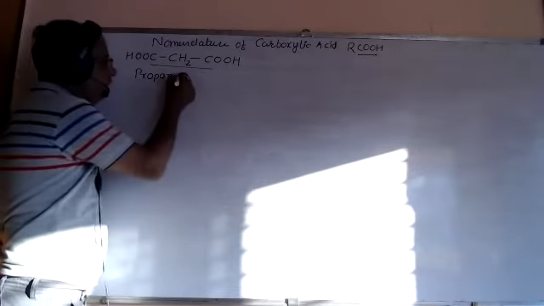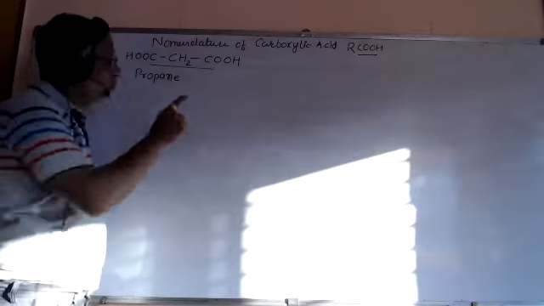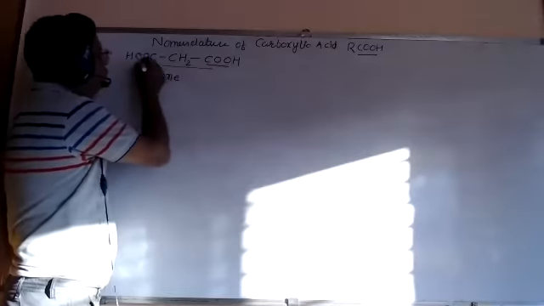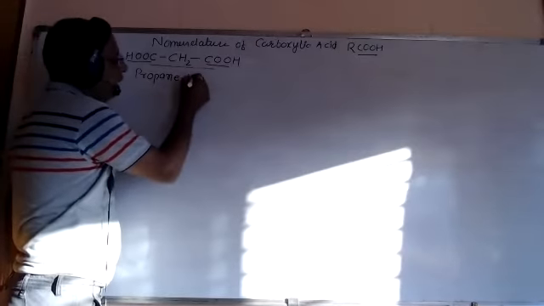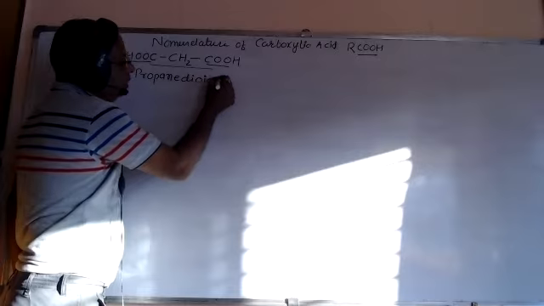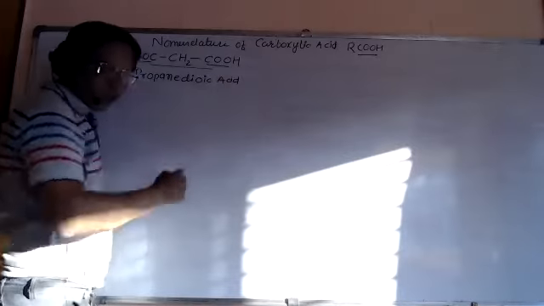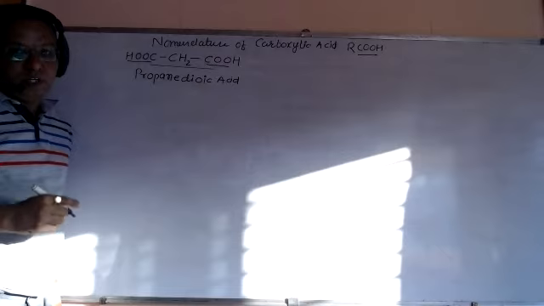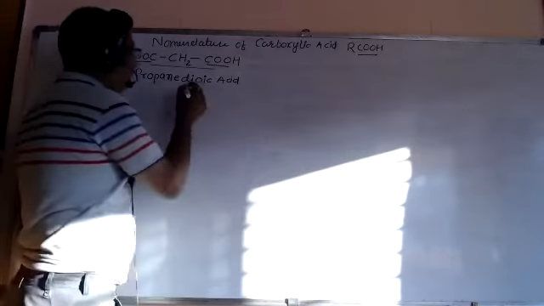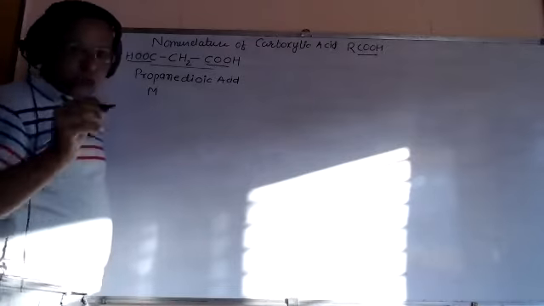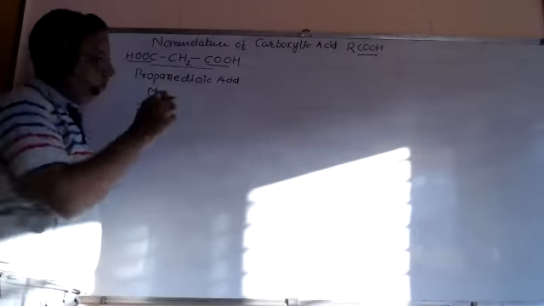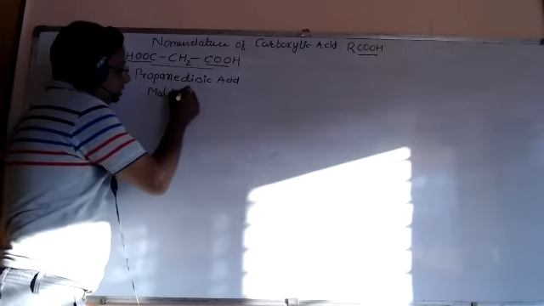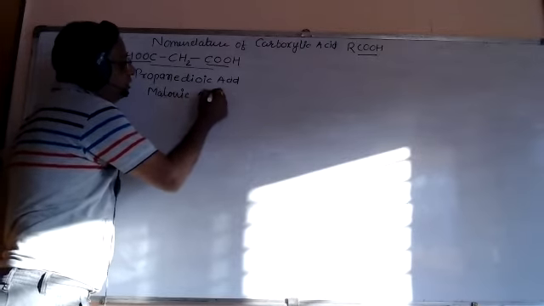Once again, E is not to be removed here. Propane. Then COOH is for 2 times. That's why dioic acid. It's propane dioic acid. Its common name is malonic acid.